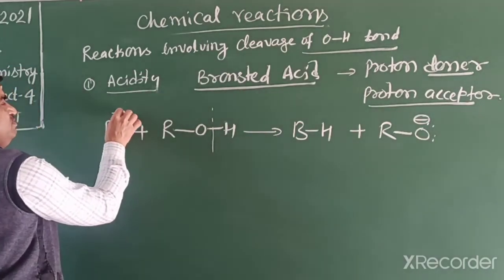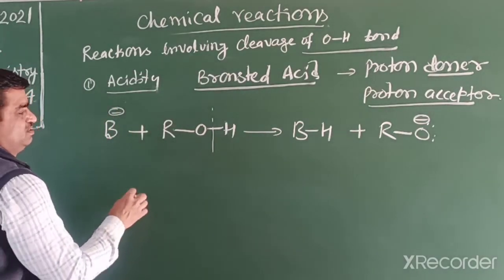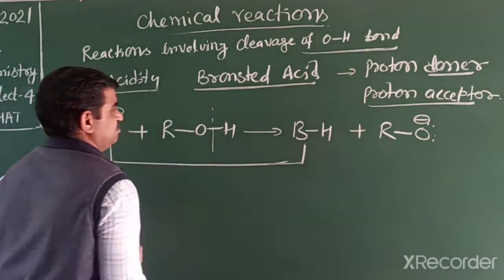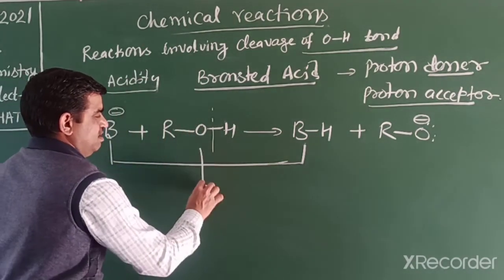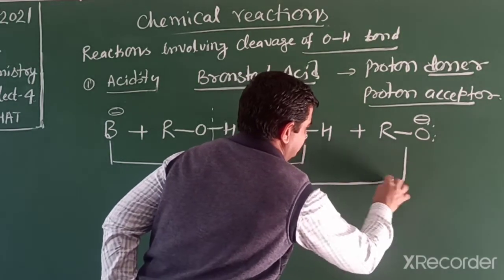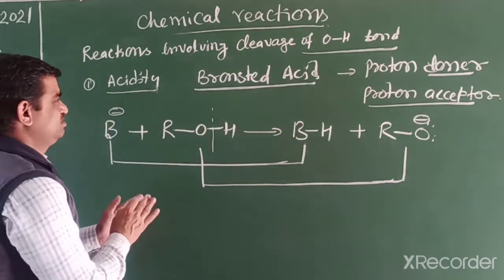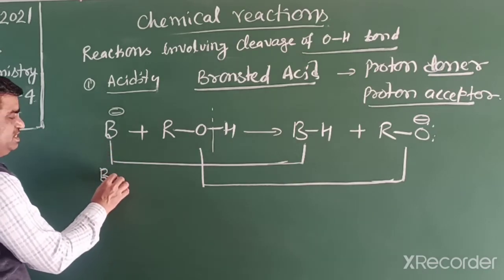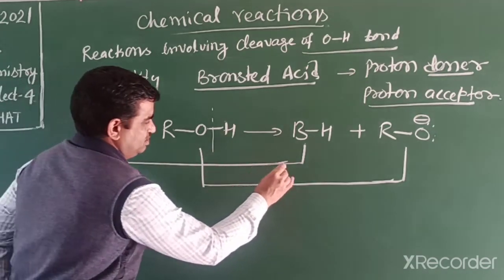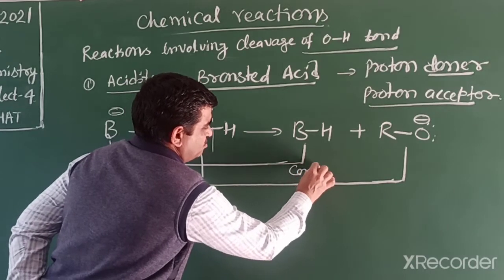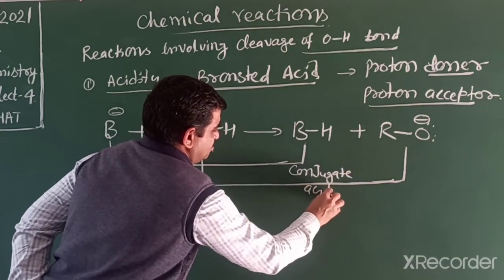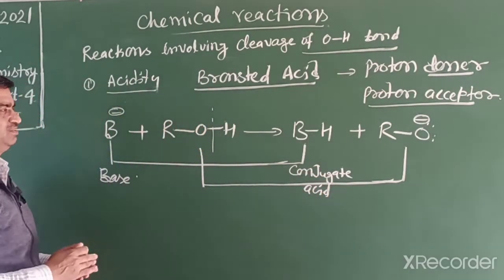In this, the base has a negative charge. So if we compare, this one is a pair and the other one, ROH, also acts as a pair. This is known as a conjugate acid base pair. This one is a base, and this is an acid, that one is the conjugate acid. We already discussed this in 11th class.